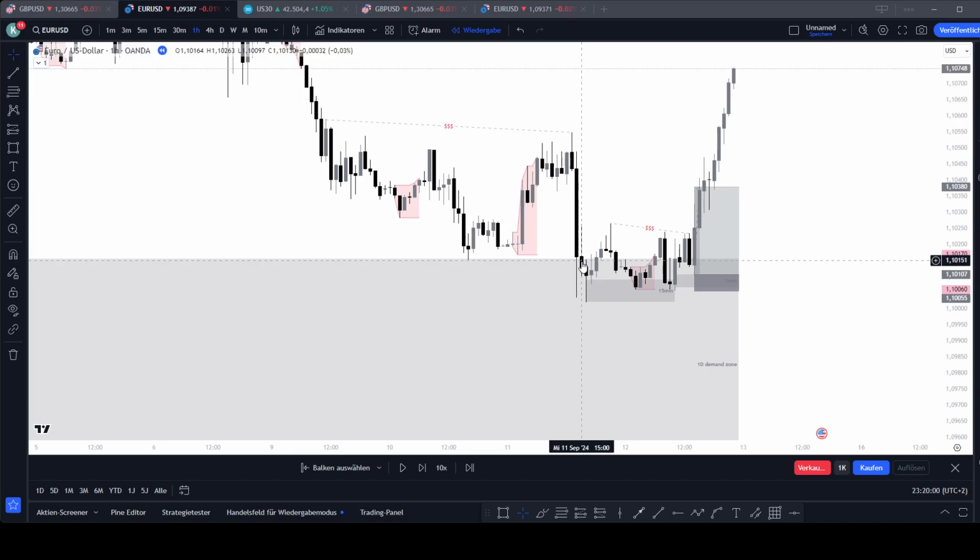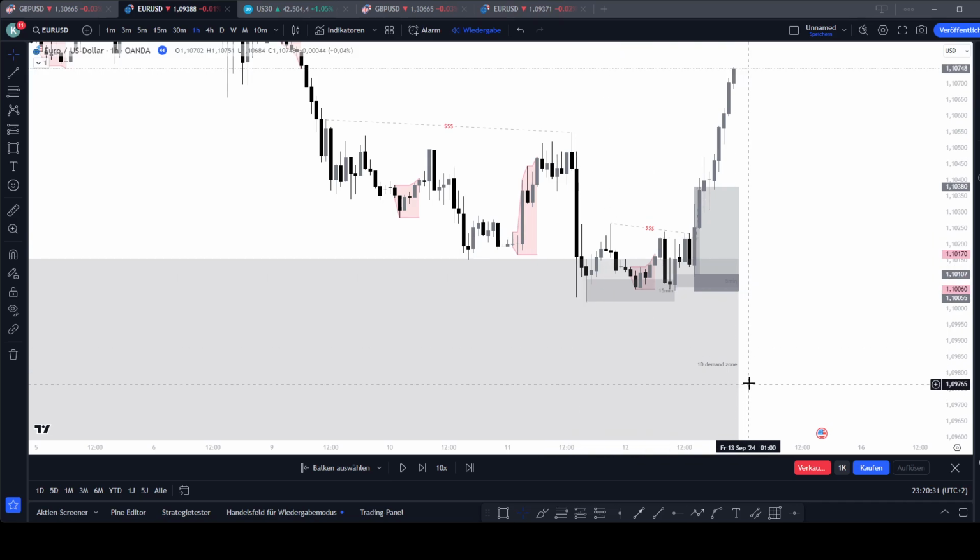We see it within this candle, where the length of the candle wick is greater than the length of the candle body. Here also, the wick is greater than the body. So there's a probability that in the future price will go up to fill this candle wick.